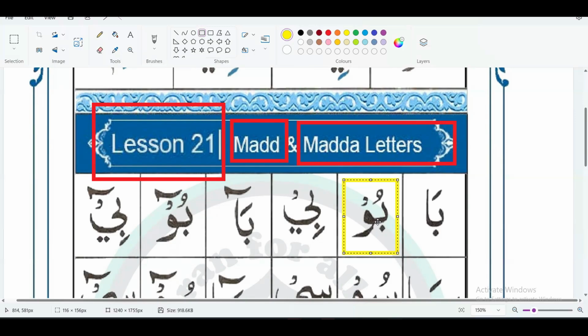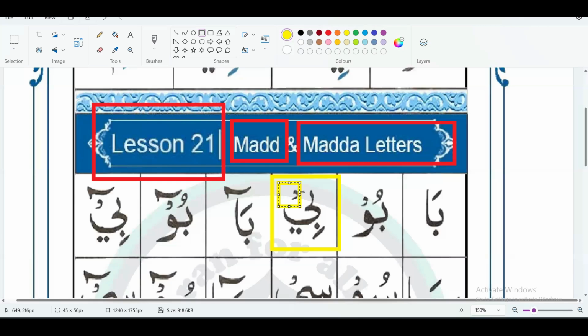Okay, now what is the definition of Ya Madda? When Ya has Kasra? No, you can see the example as well. Is it kasra? No. So why are you saying when ya has kasra?